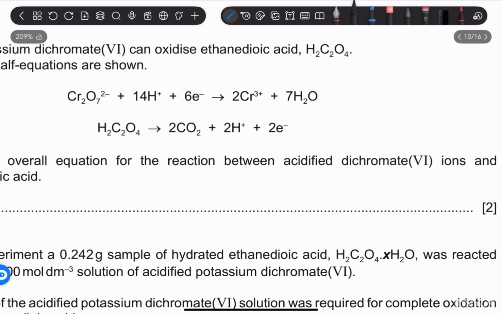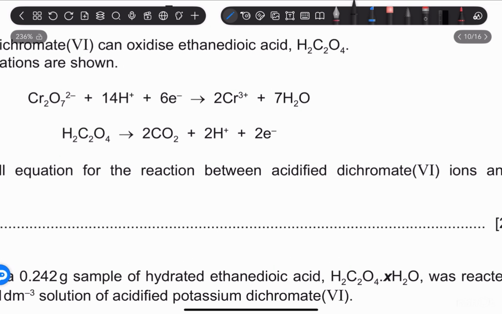We haven't done this yet, but basically what you're supposed to do is add these equations, sort of like an algebraic equation. As you can see, there's 6 electrons here, 2 electrons here. The 6 electrons are on the left hand side of the first equation. The 2 electrons are on the right hand side of the second equation. But in the final equation, we're not supposed to have a single electron present.